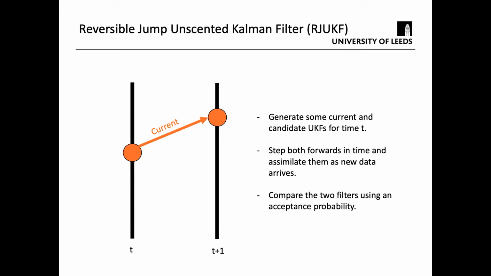We will treat this essentially as a null hypothesis. We treat this as the best combination of gates that we know of. And these gates are usually calculated from some previous algorithm step or from initial conditions. The next thing we do is we generate what's called a candidate UKF.